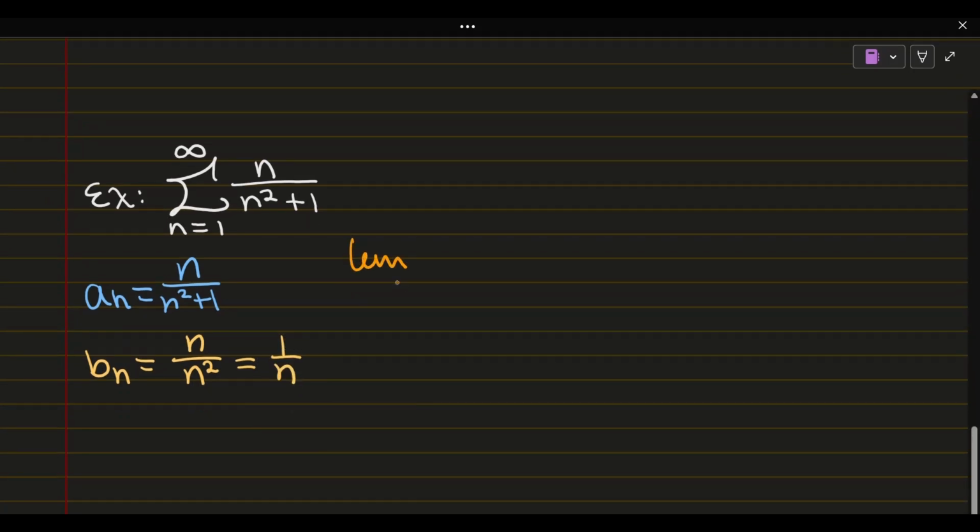The limit as n goes to infinity of an over bn is equal to the limit as n goes to infinity of n over n squared plus 1 times, I'm going to go ahead and just do the keep change flip, so n over 1, right?